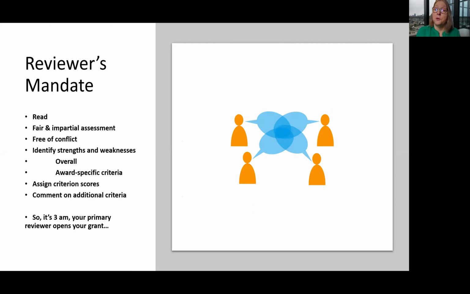Now, again, as a reviewer, the expectation is that our reviewers are fair and impartial, they're free of conflict of interest, and they focus on identifying these structured criteria, which we'll go into, as guideposts to summarize the strengths and weaknesses across a number of areas, and use those to assign specific scores and an overall score.